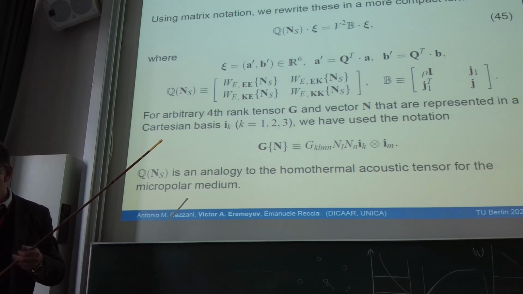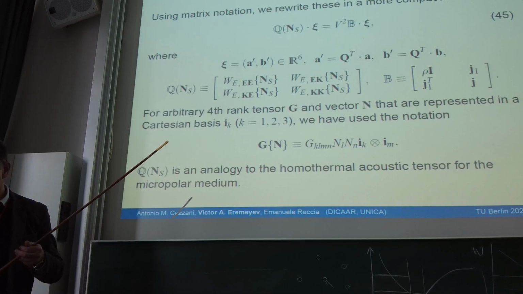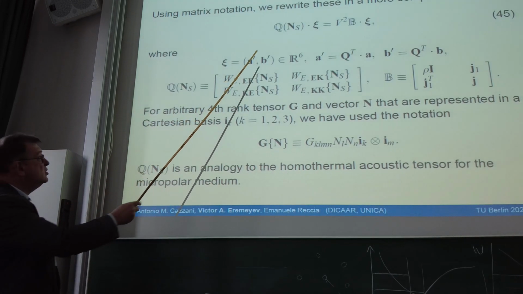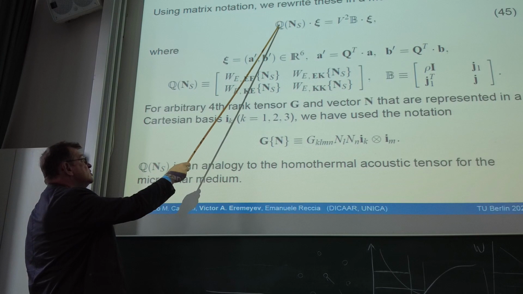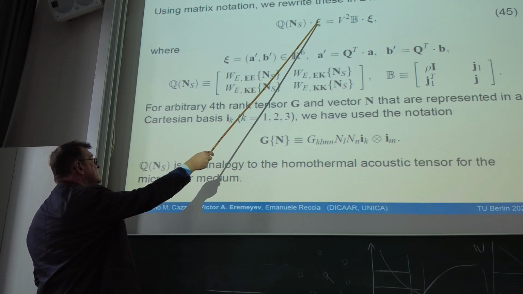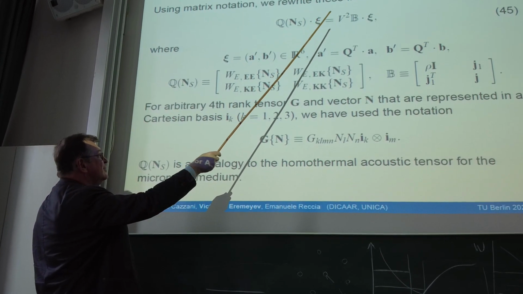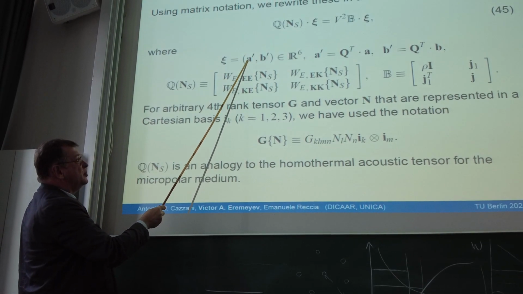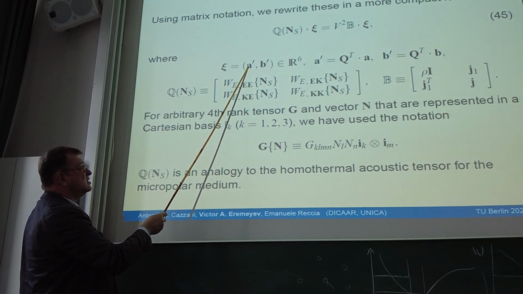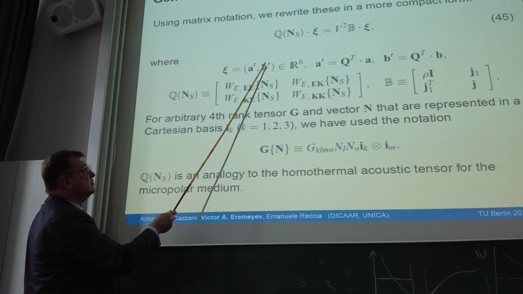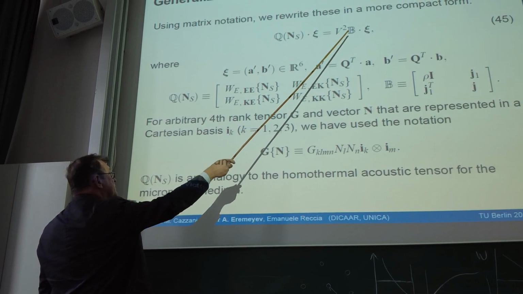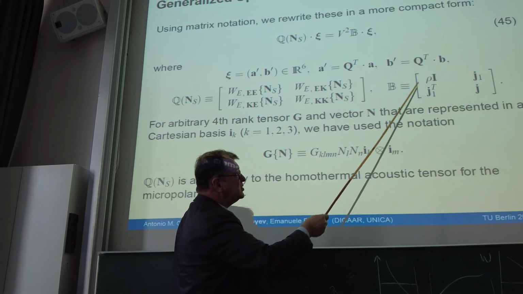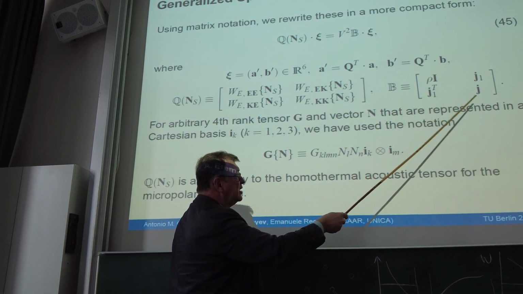This problem for these waves reduces to the following spectral problem, where you have again this Q, and Q is the so-called acoustic tensor. This is a vector, I'm using psi all the time. Psi is now a vector consisting of amplitudes of the translational wave and rotational wave, and this B became like that. It consists of this matrix with these tensorial elements.